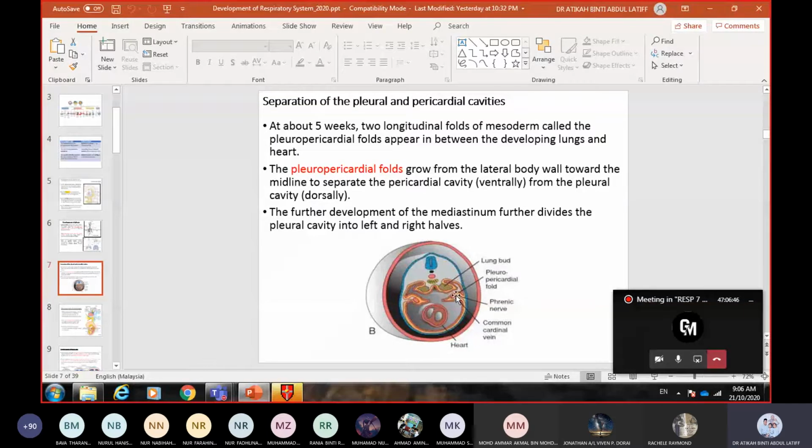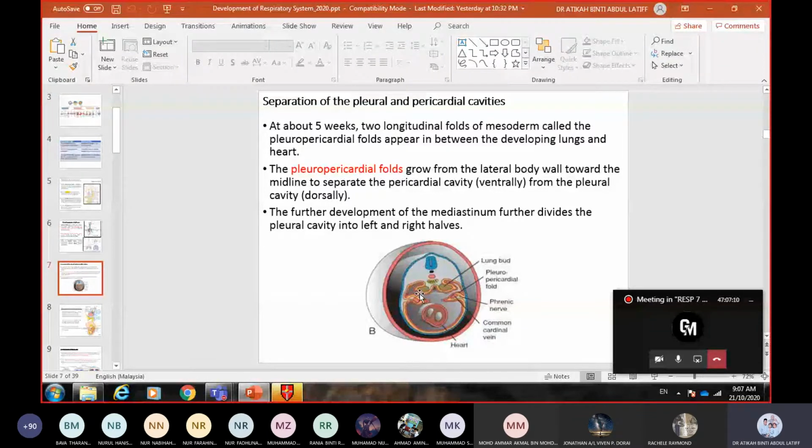However, the pleuropericardial folds, which is this fold here, forms and grows to the center, eventually separating the lungs and the heart. Okay, so the pericardial cavity here and the pleural cavity here.